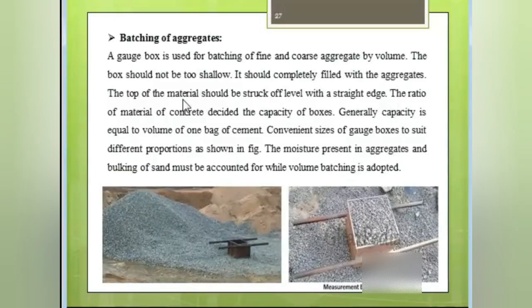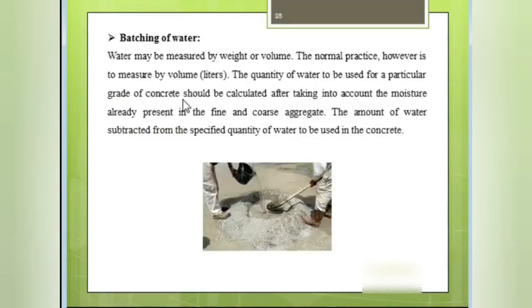Directly with this particular standard size of gauge box, every ingredient is used to manufacture the concrete. So this is volume batching. Clear?